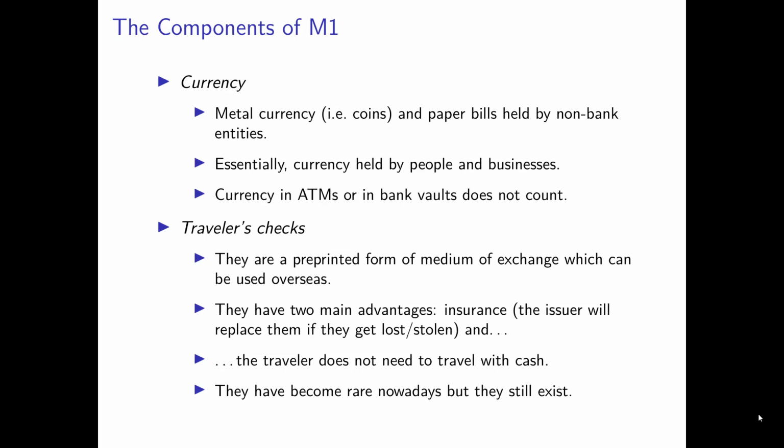Number two: today is March 18th, 2020, and traveler's checks are not part of M1 anymore. They were actually taken out last year, in 2019. But I kept it in my slides just for historical purposes, so you know what these are. Traveler's checks are a pre-printed form of medium of exchange which can be used overseas.